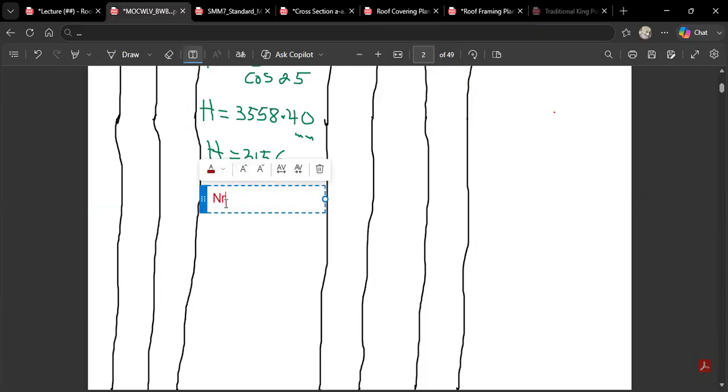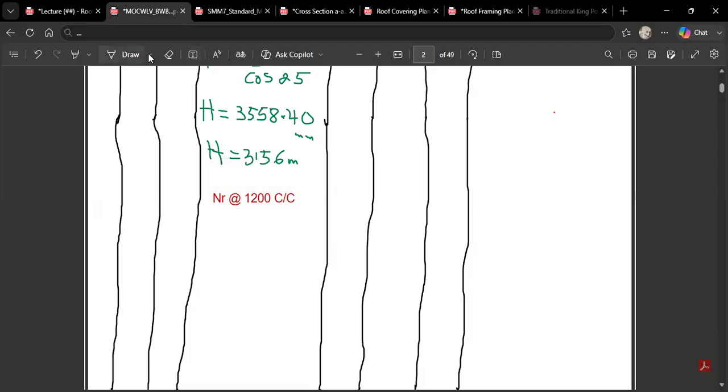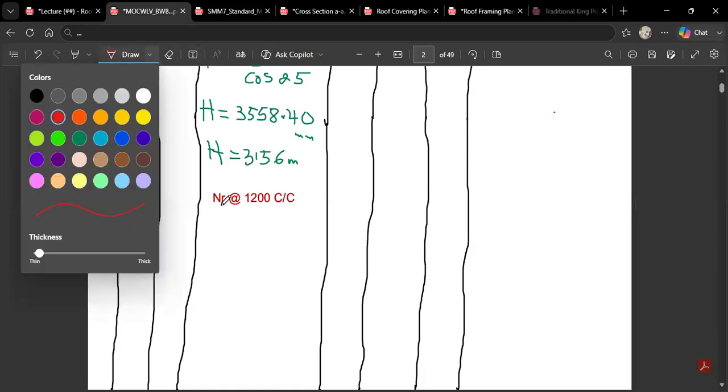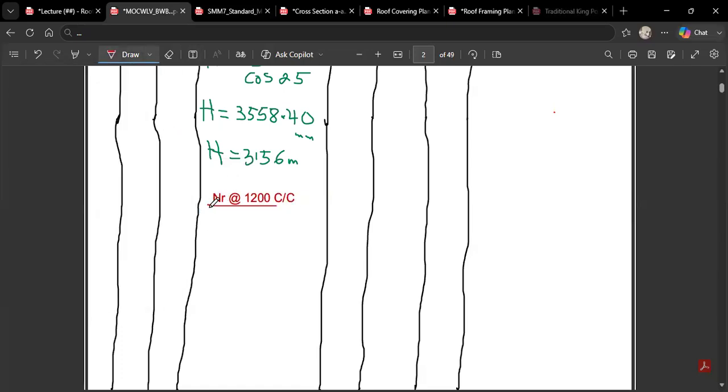So this is the number at 1,200 center to center. We want to know the number of rafters that were used.